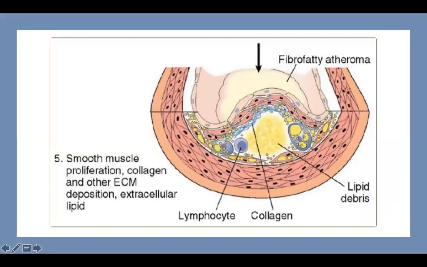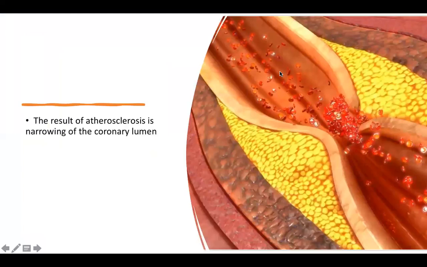So after this process, we develop the atheroma. In this case, it is a fibrofatty atheroma. So the result of atherosclerosis is an atherosclerotic plaque, and this atherosclerotic plaque, as we see in this image, causes narrowing of the blood flow in the coronary vessels.